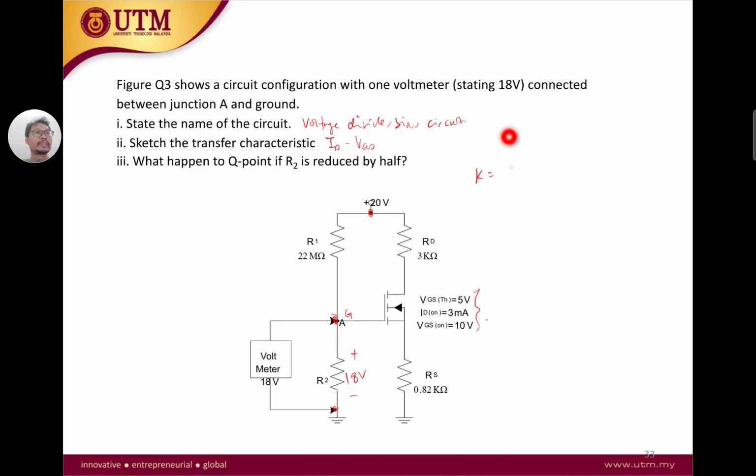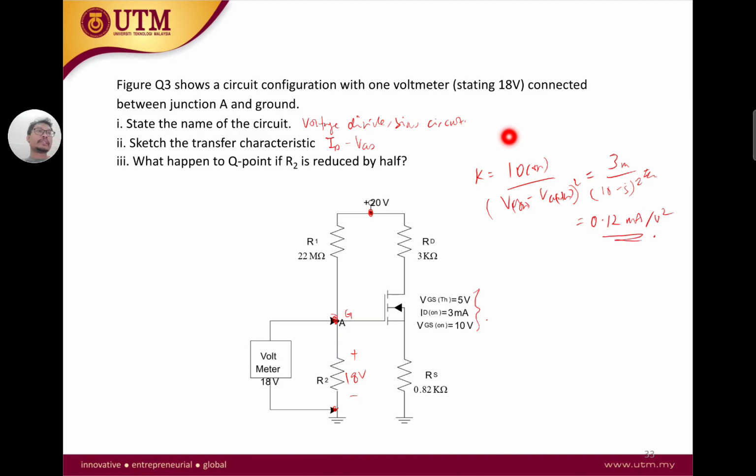So our K is ID on divided by VGS minus VGS TH, VGS on squared, and if you do this calculation, it is 3 milliamps divided by 10 minus 5 squared, and we should be able to get 0.12 milliamps per volt squared.